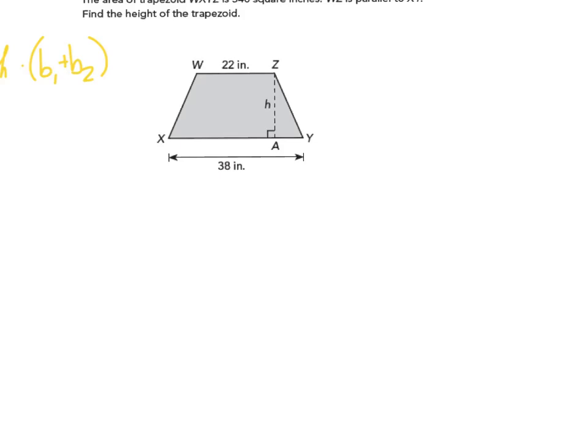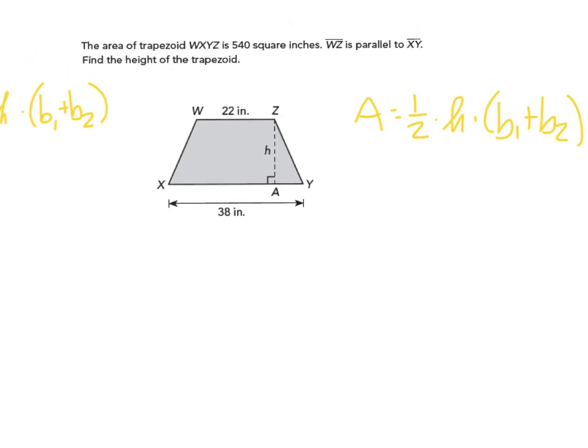Over here, same thing. I know that area is equal to 1/2 of the height times the sum of the bases. So I'll put in what I do know. I know that the area for this one is 540. So 540 is equal to 1/2 times the height, which I don't know, times the sum of the bases, which is 22 plus 38.